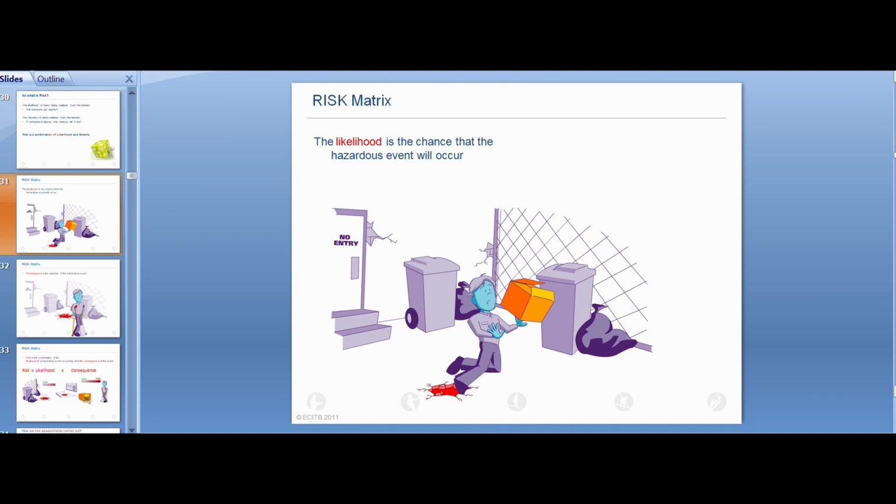This is how we can say that risk is low or high.